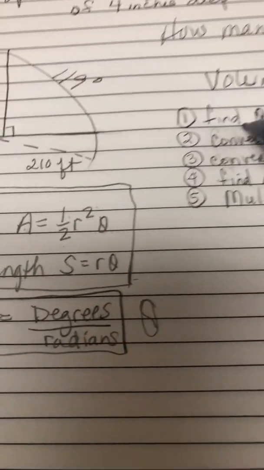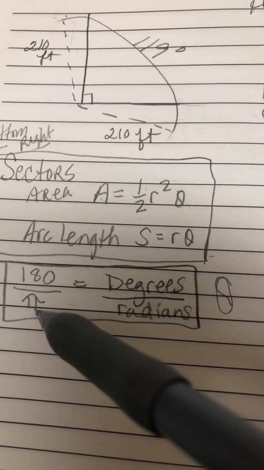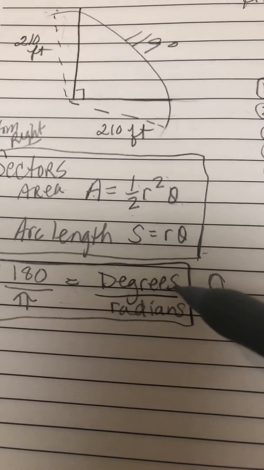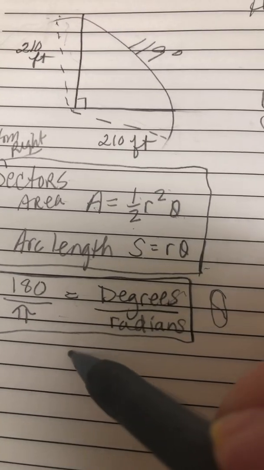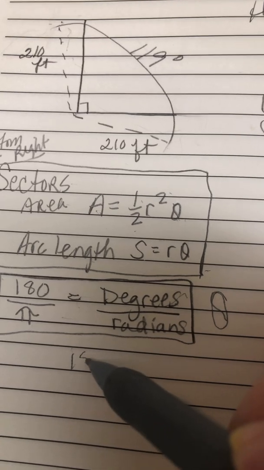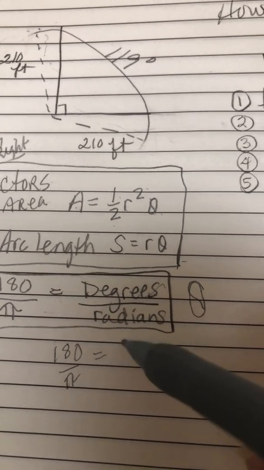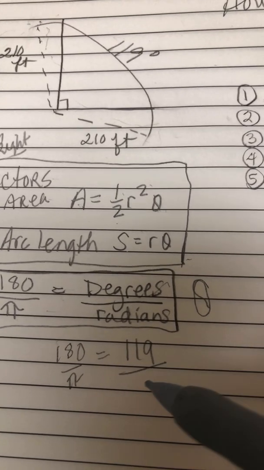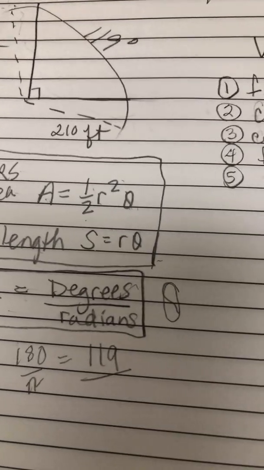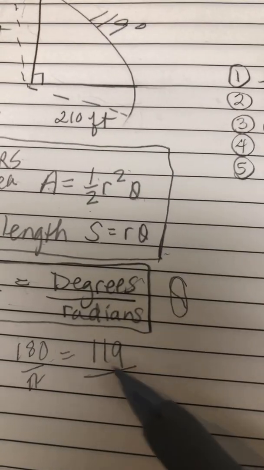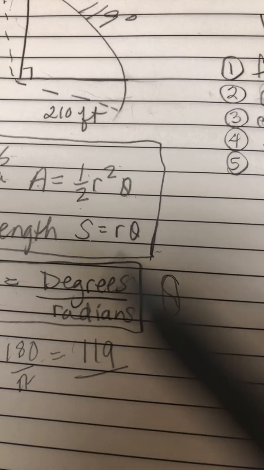So to find radians, this is the formula here. You take 180 over pi equals however many degrees you have over radians. We had 119 degrees, so 180 over pi is equal to 119 degrees over some radians. To solve proportions, which is a fraction equal to a fraction, you cross multiply where you can and then divide by the number left hanging.